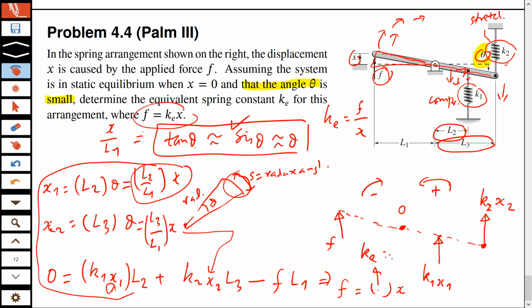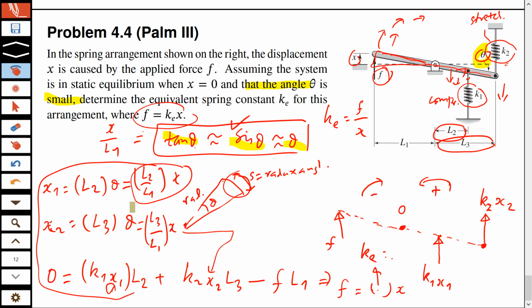Okay, so this looks complicated, but you can appeal to the assumptions. That's why I always say that you should never miss any statement in this problem. If you miss out this statement that the angle theta is small, you will never come up with this assumption.